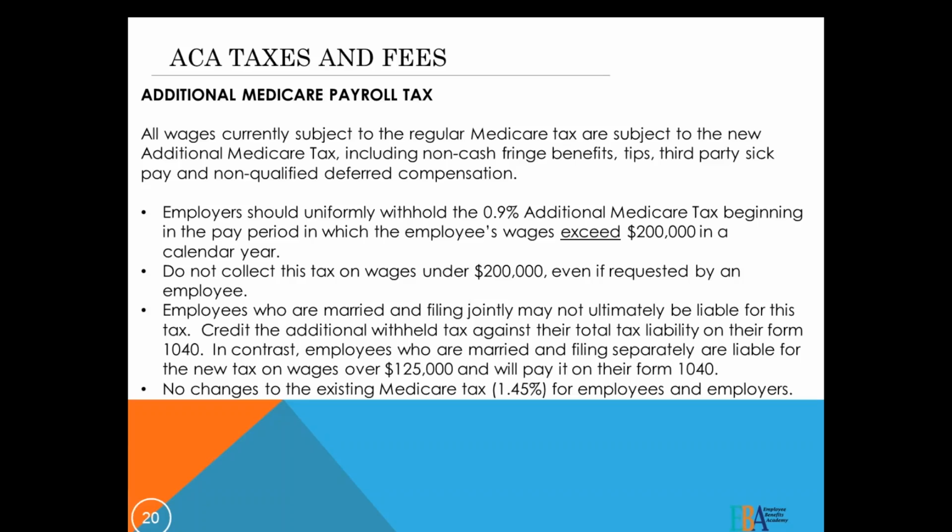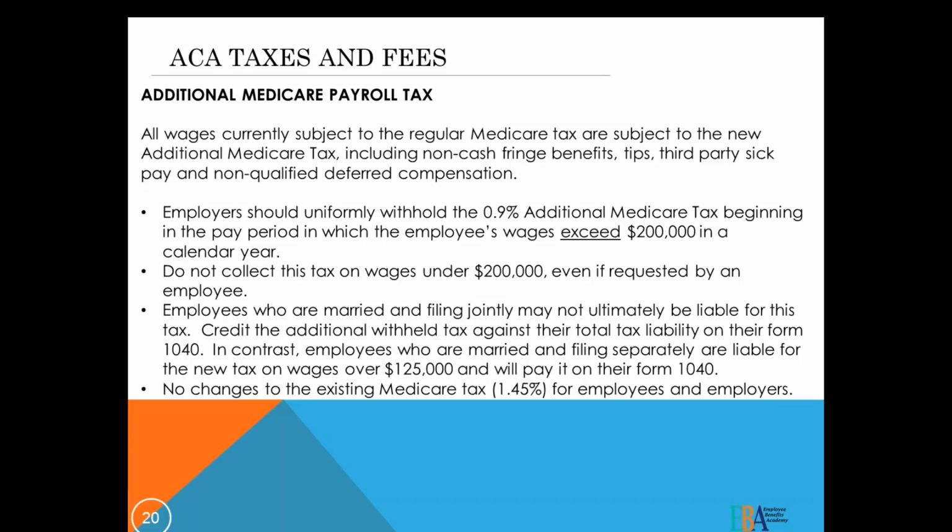Her spouse does not have income, and together they have no additional income. So this couple files jointly. This tax is only paid for married couples filing jointly if their earnings exceed $250,000, and that didn't happen in this example. So the couple can use the amount withheld by Lily's employer toward their total liability or get it back as a refund if no additional tax is owed.